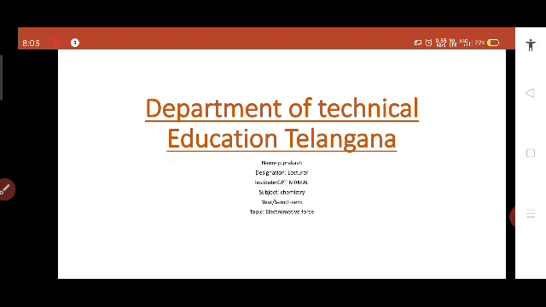Today we have to discuss the electromotive force chapter for the second semester students. In the previous class we discussed the galvanic cell, its functioning and the role of the salt bridge.